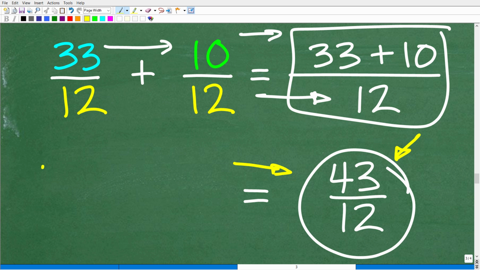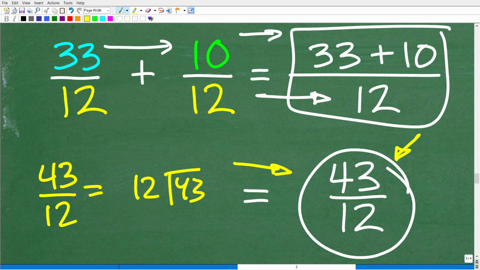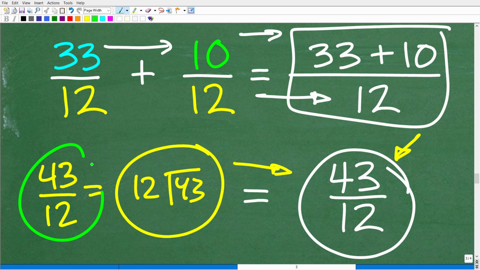Don't take the extra step of saying, all right, Mr. YouTube Math Man, I'm going to turn this into a mixed number fraction. I'm going to take that 43 and divide it by 12 and do all the work here. I've seen this thousands of times where students have the right answer with the improper fraction, but they feel compelled to change their answer into a mixed number.